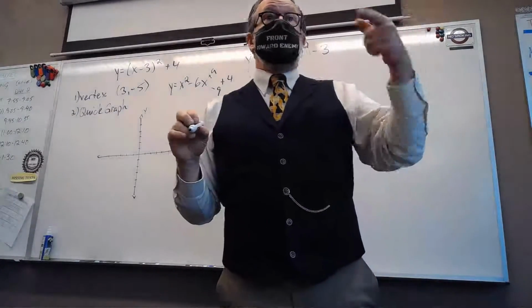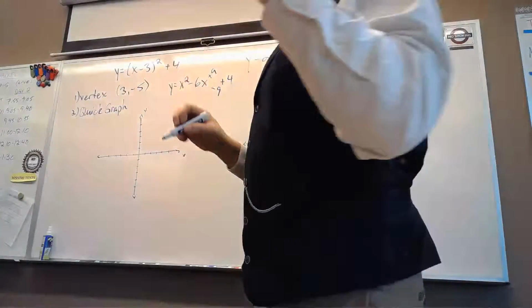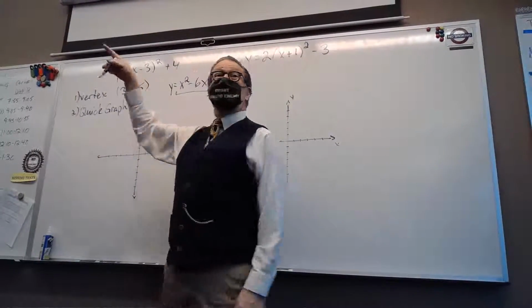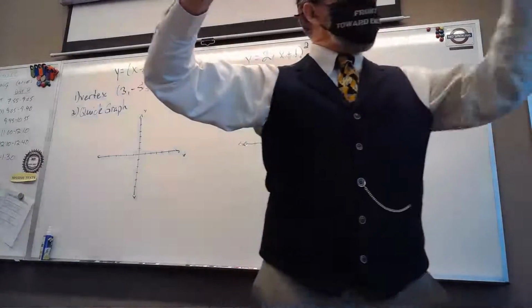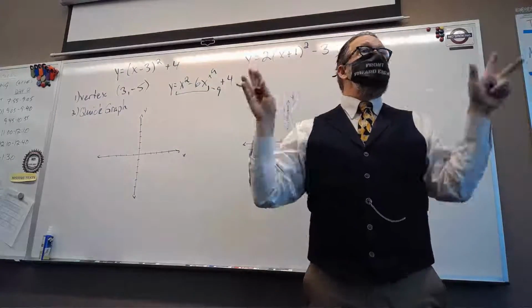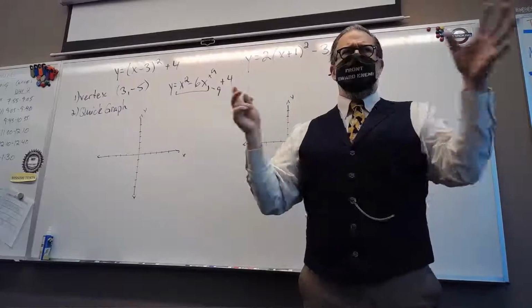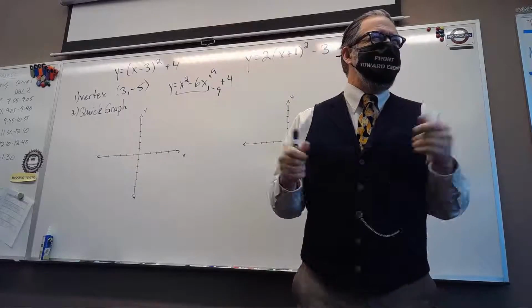That's a reasonable thought process, except here's the problem. I didn't give you that. I gave you the completed square already. So what you're doing is you're doing a step that's already been done for you. And when you do the step that's already been done, what that does is it actually then messes it up.